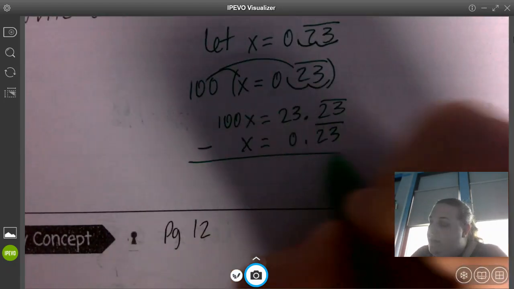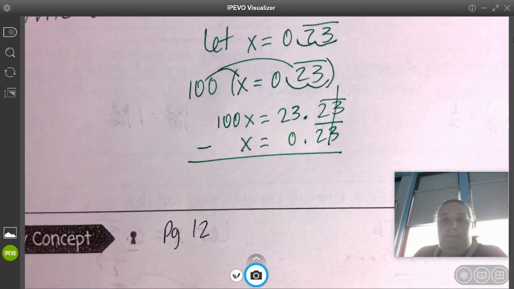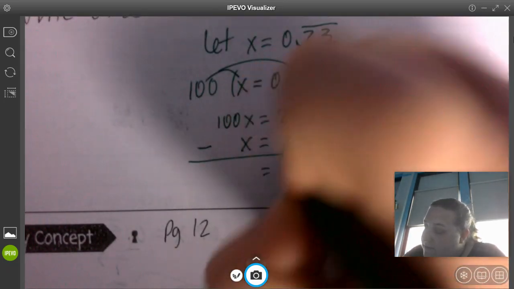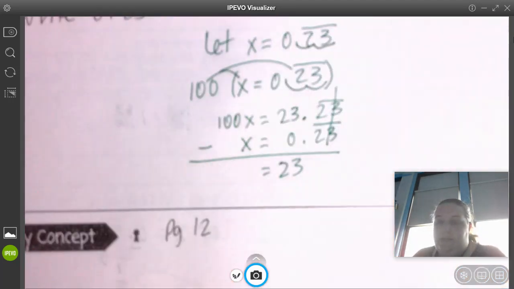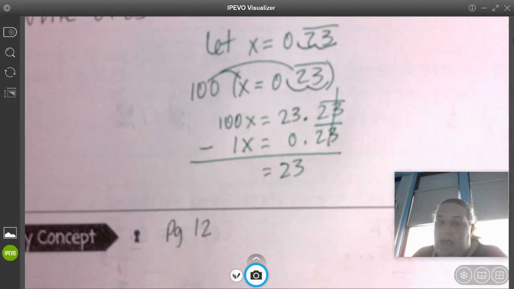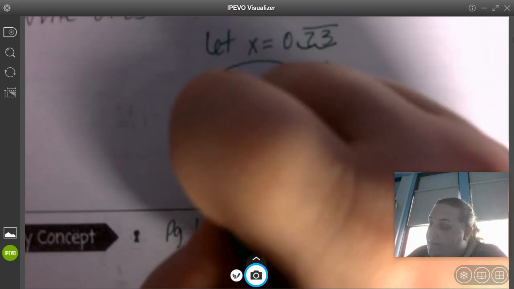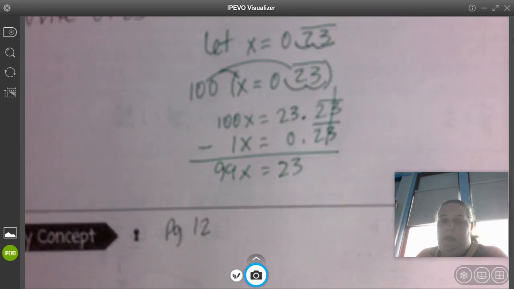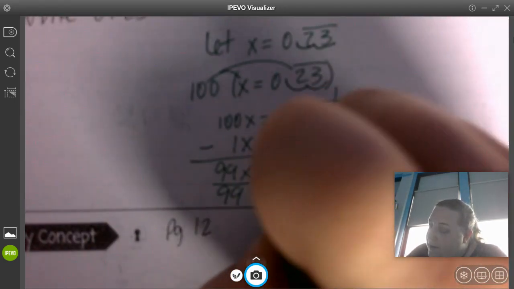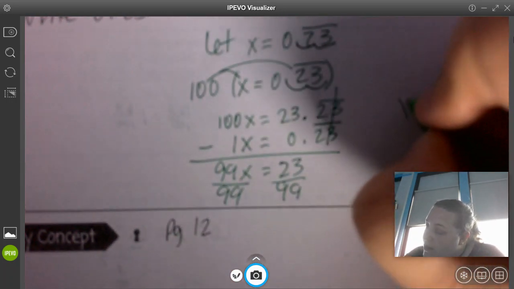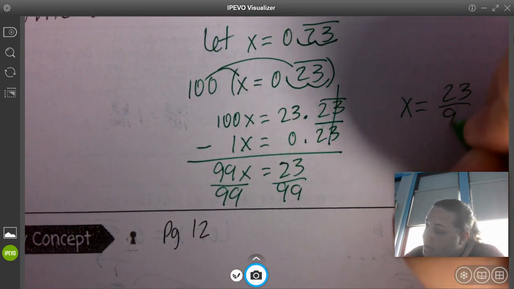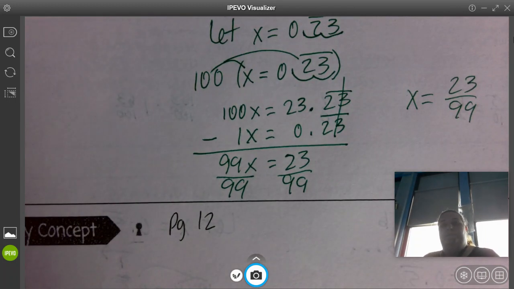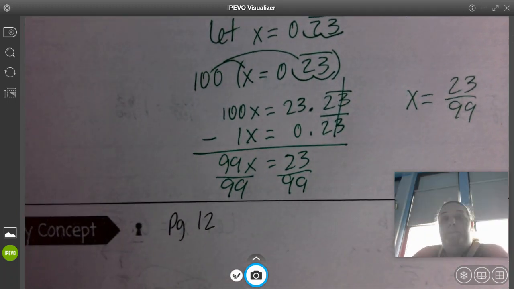So we're going to subtract the original equation. Those decimals cancel out, leaving me with 23 on this side when I subtract. Now on this side, instead of being 9x, it's going to be 99x. Okay. Then we're going to divide by 99, and we find that x is equal to 23 over 99.